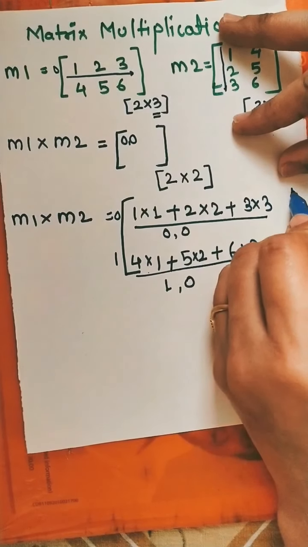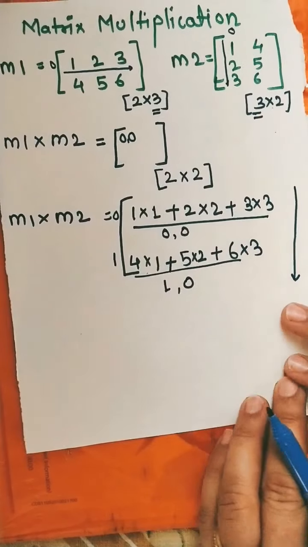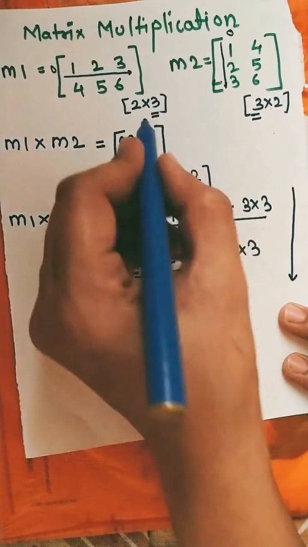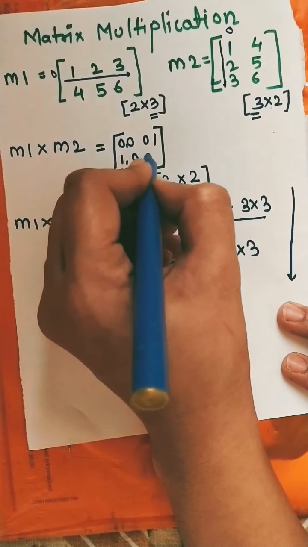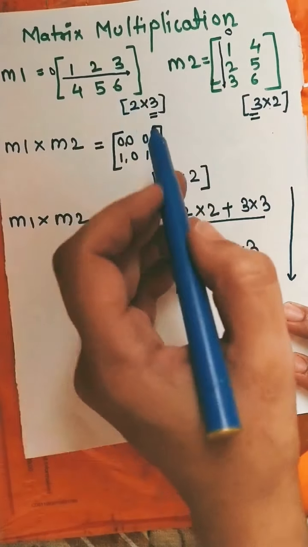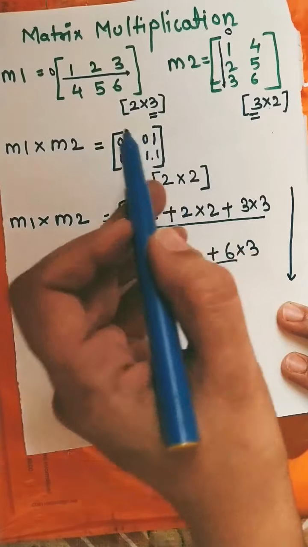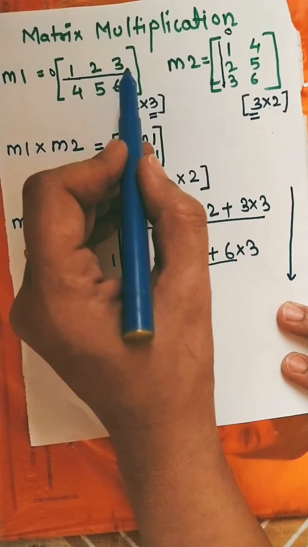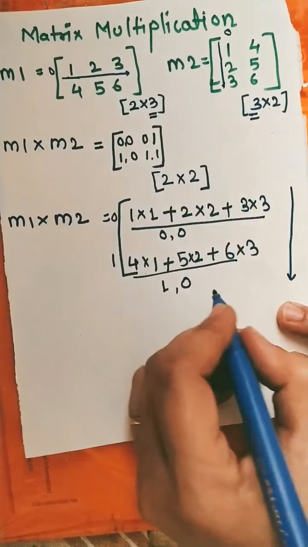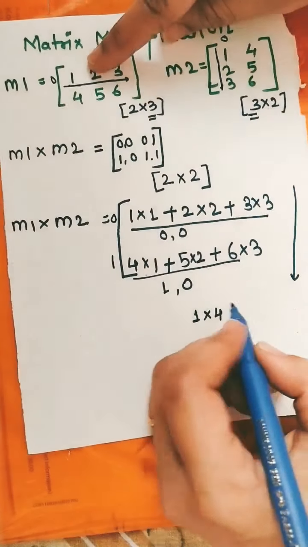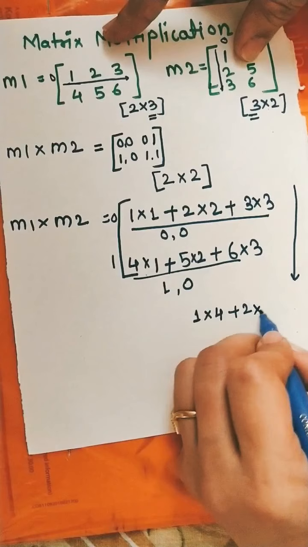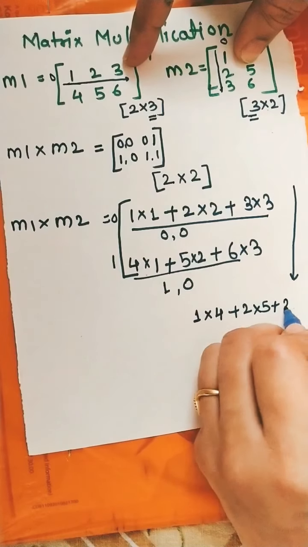Similarly, for the 0th row and first column, we have to take the 0th row of M1 and the first column of M2. So the multiplication will be 1 into 4 plus 2 into 5 plus 3 into 6.